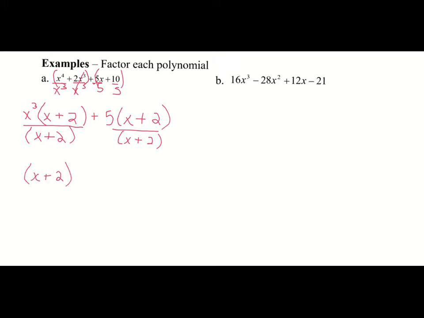You have to write it on the outside. So I'll have my x plus 2, and when I factor it out of the first term, I'm left with x cubed, and on the second term, plus 5. So that's my final answer: x plus 2 times x cubed plus 5.